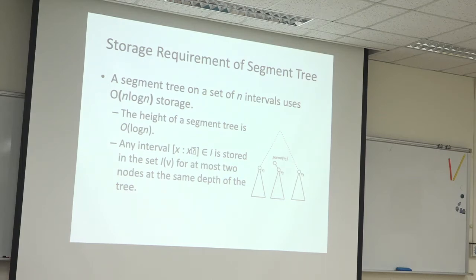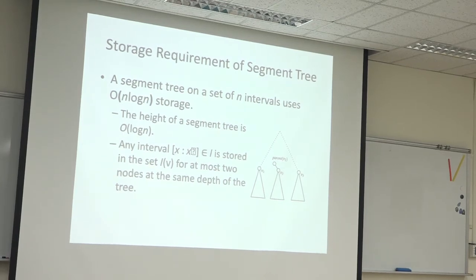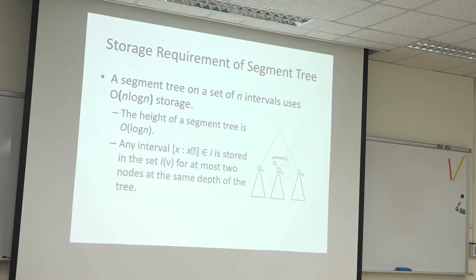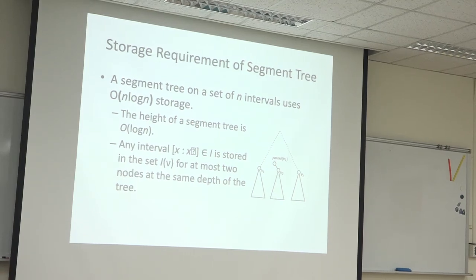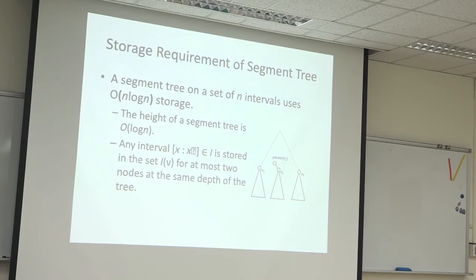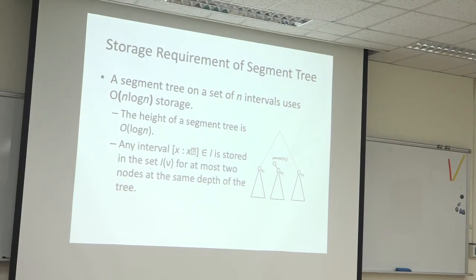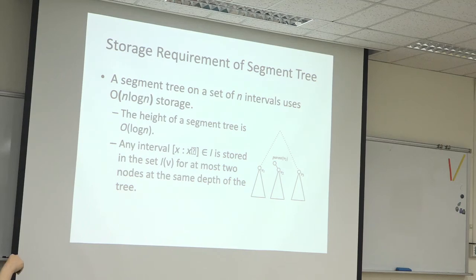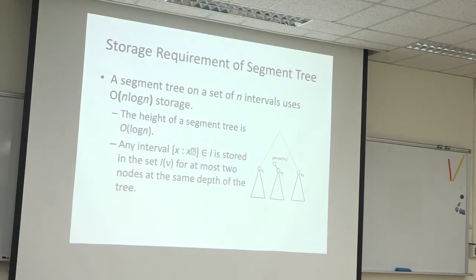And for the 2n endpoints, the induced elementary intervals will be 2n plus 2n plus 1, like I previously discussed. It's going to be 4n plus 1. This is the upper bound because some endpoints may be shared. So for n intervals, you have at most 4n plus 1 elementary intervals.